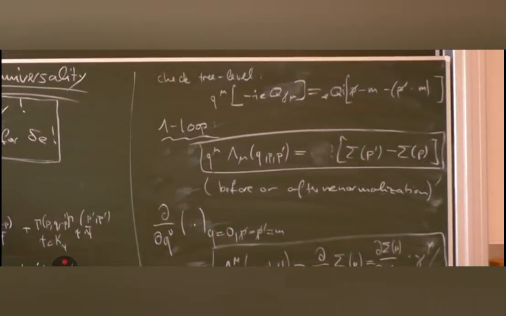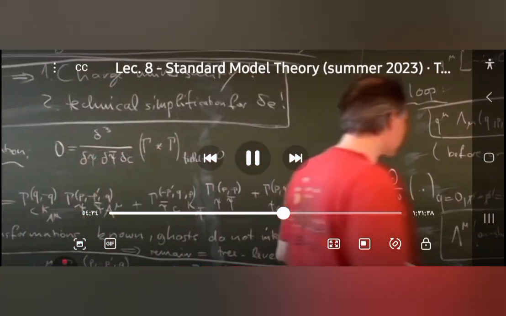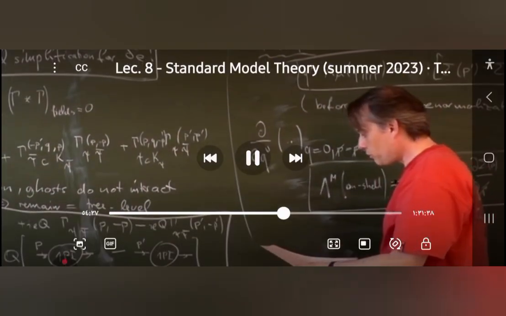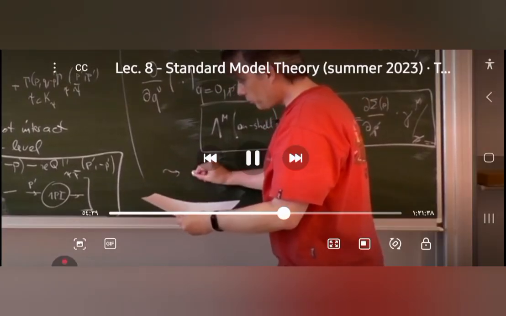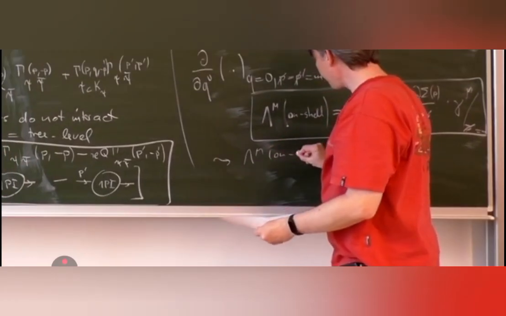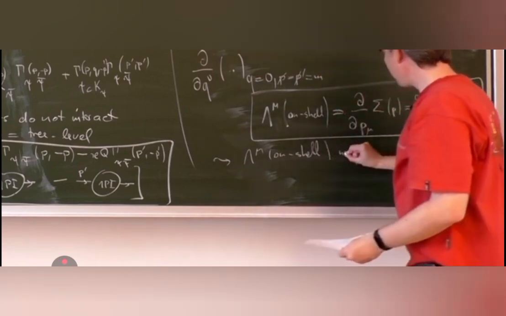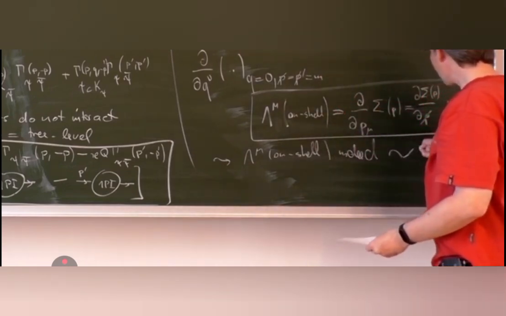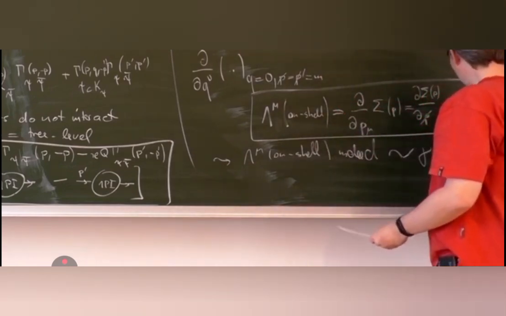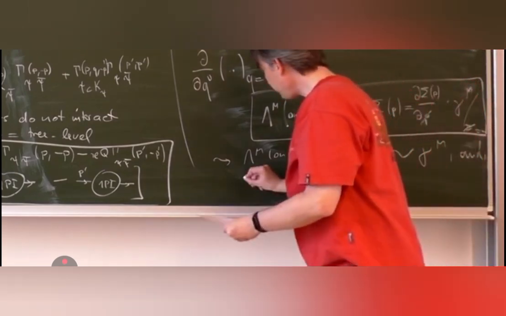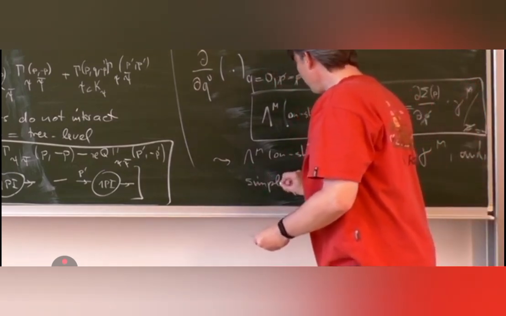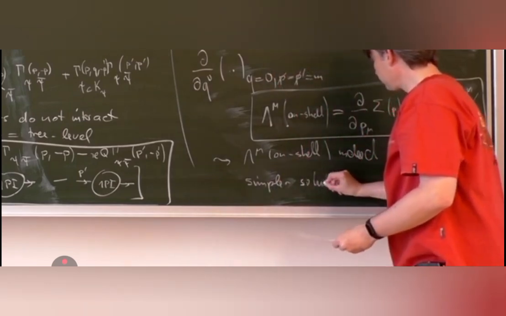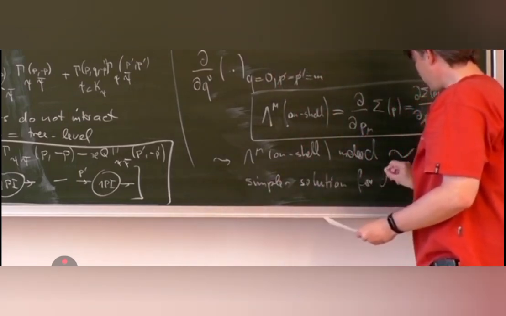And so therefore it's first of all of course of interest by itself, but we can also use it to simplify our renormalization condition. And then we can write this down. So let me not forget to write this. So lambda_mu on shell is indeed proportional to gamma_mu, and we obtain a simpler solution for charge renormalization.